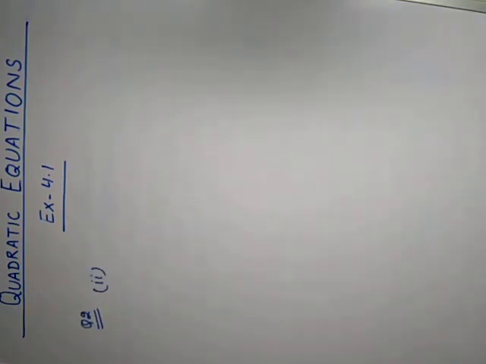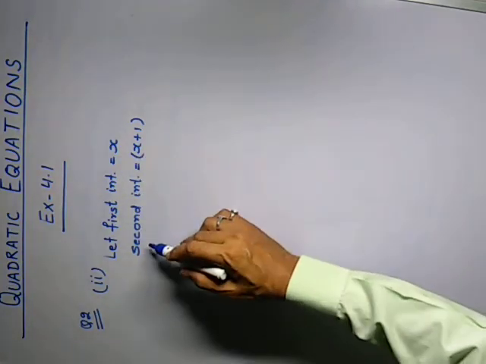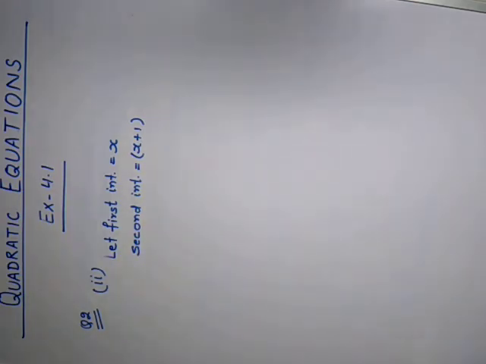In the second question, we have to represent the given situations in the form of quadratic equations. Second question, second part is the product of two consecutive positive integers is 306. We need to find the integers. So consecutive integers. Let first integer be x and second integer be x plus 1.